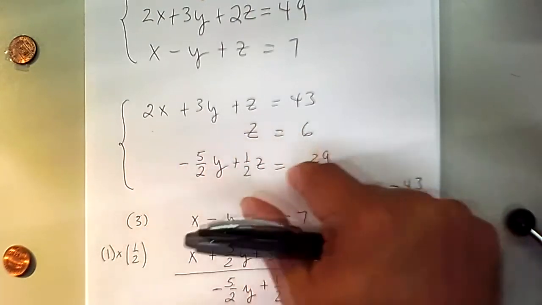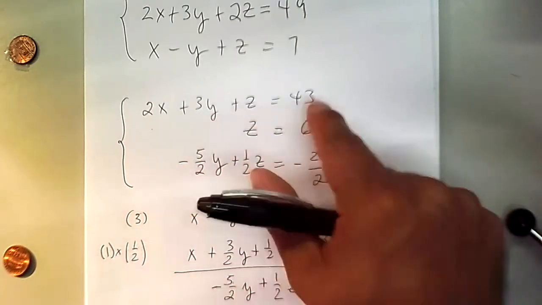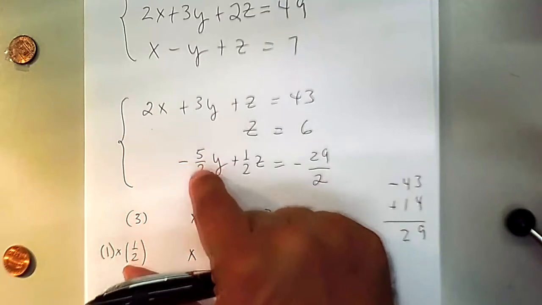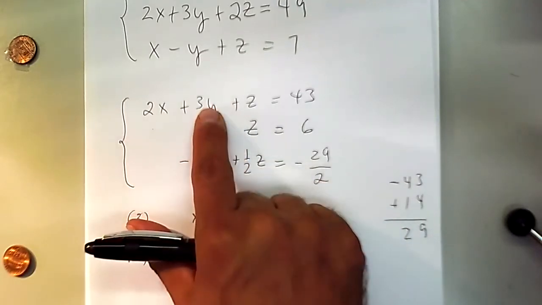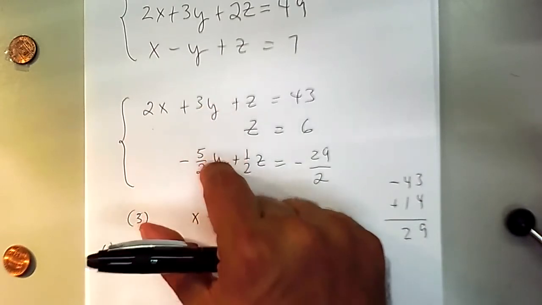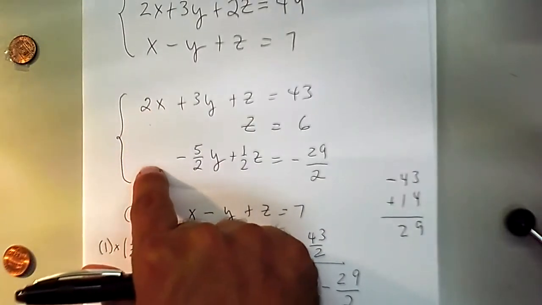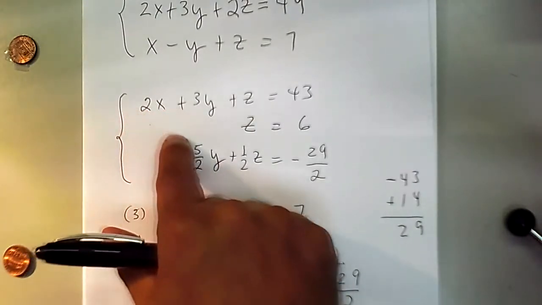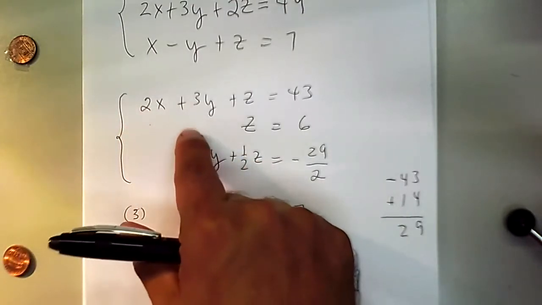This method failed right now because we cannot proceed as is, because in order to eliminate this guy, we need a y here. And by the way, we cannot use this one, because if we try to use this one, it will work. We will eliminate this guy, but that is going to create another x to show up in here. So we really want to go down the triangle. And so we have a problem.